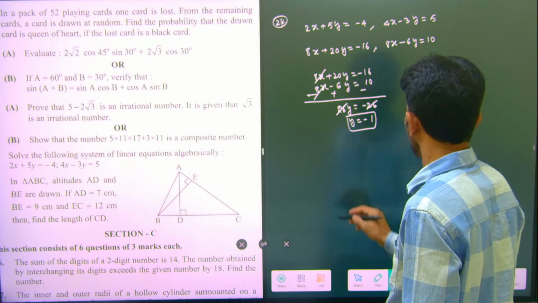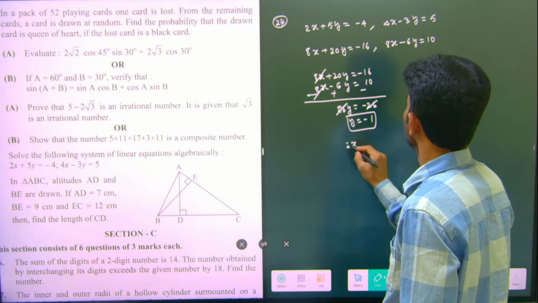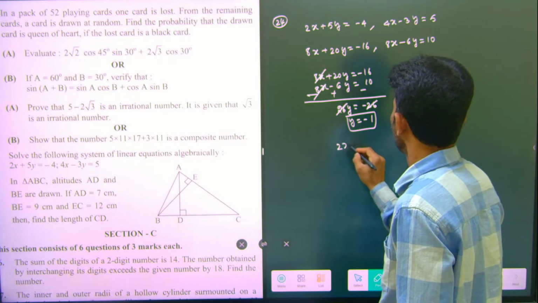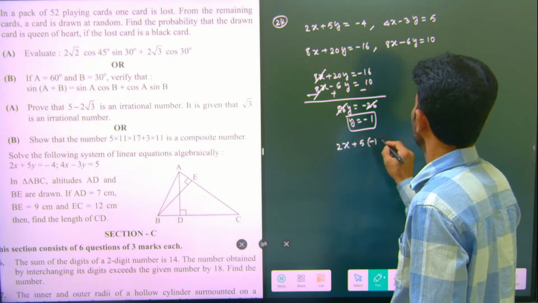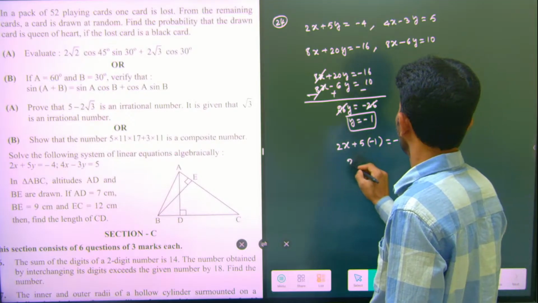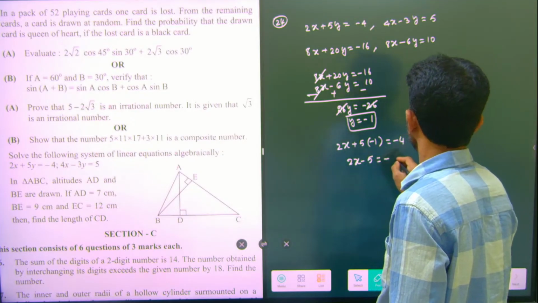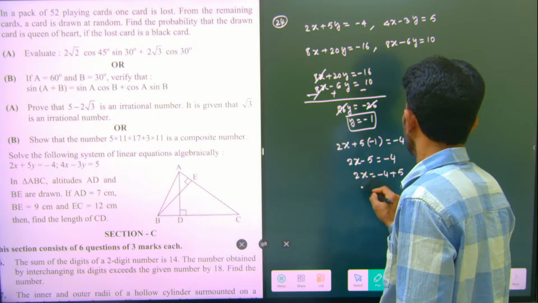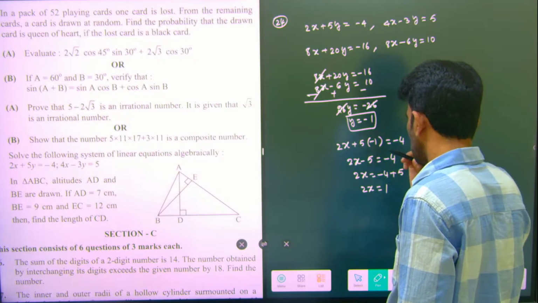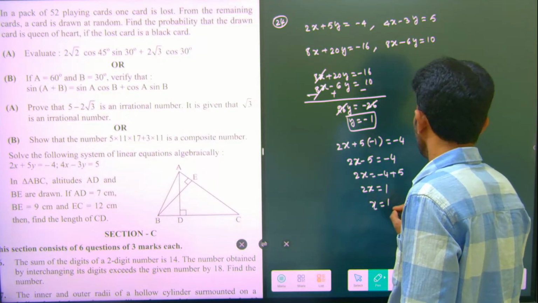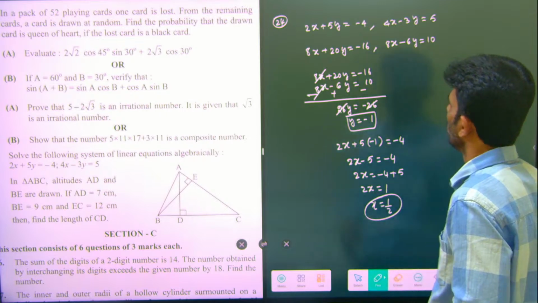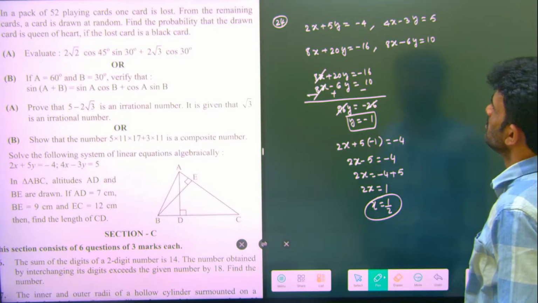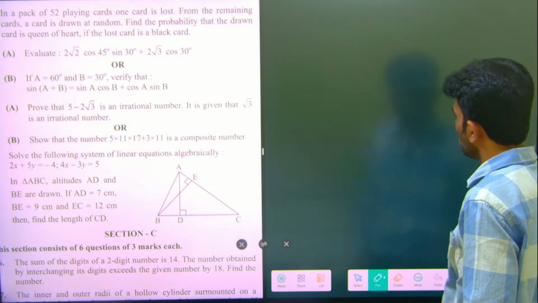One second. 2x plus 5 into minus 1 is equal to minus 4. 2x minus 5 is equal to minus 4. 2x is equal to minus 4 plus 5. 2x is equal to 1. So x is equal to 1 by 2. So this is question number 24.